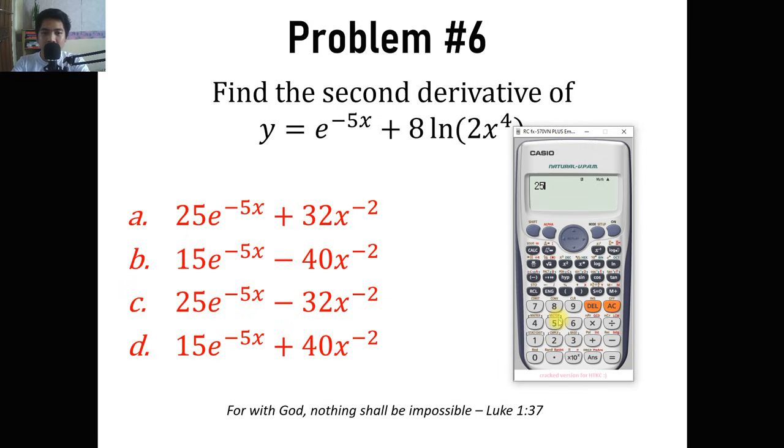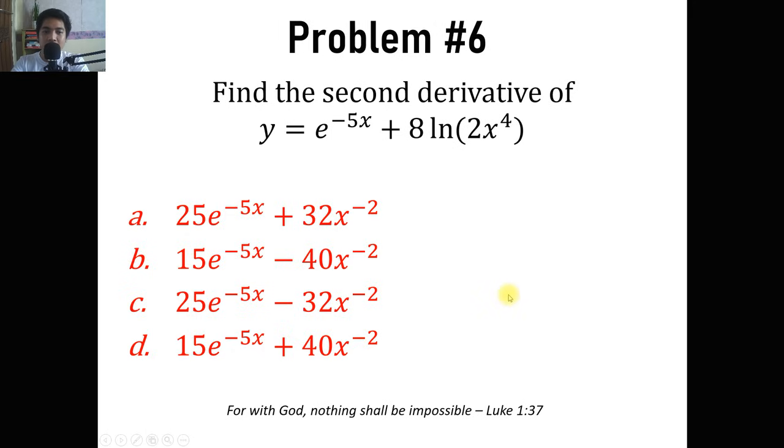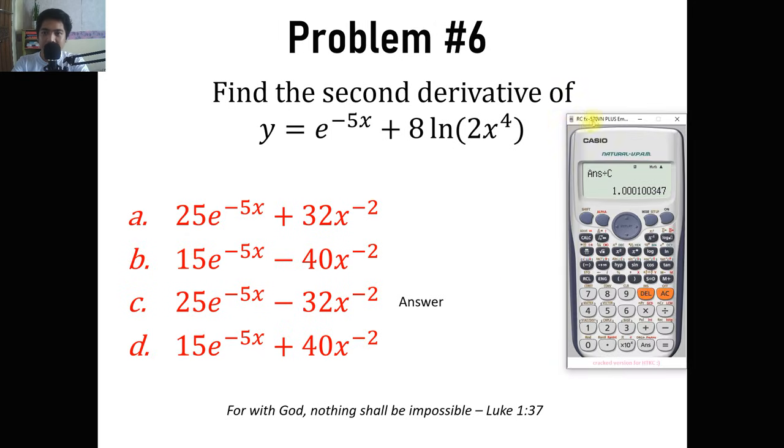So we have 25e raised to negative 5x minus 32x raised to negative 2. Calculate it at 0.1 and then compare it with C. That is approximately equal to 1. So our answer for this problem should be letter C.